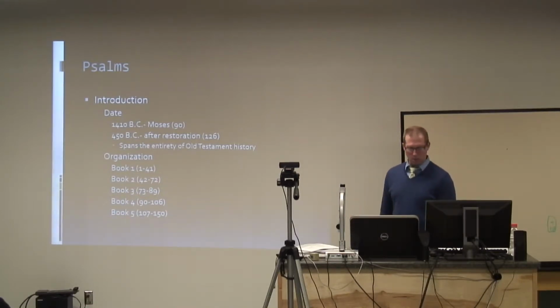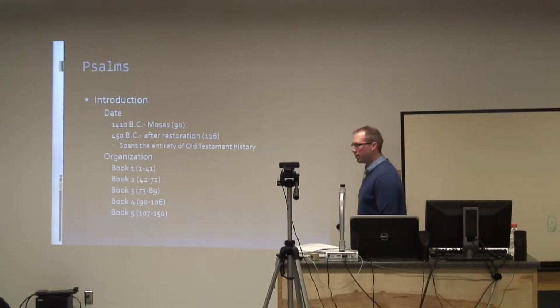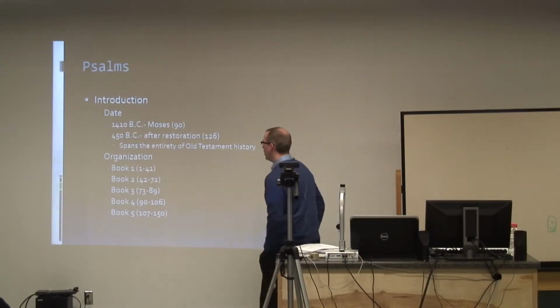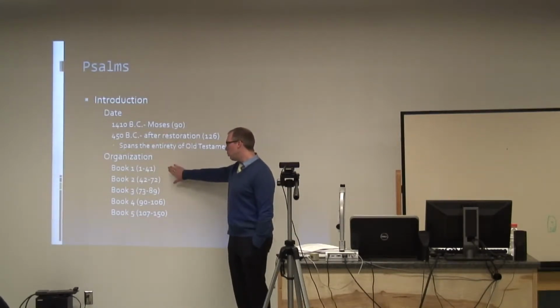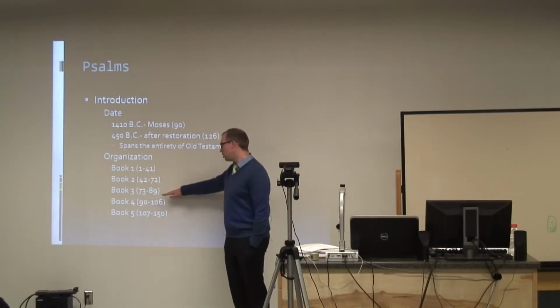I tend to think that maybe there was some symbolic significance of having 5, but a good deal of the scholastic study that's going on within Psalms today, people are trying to figure out, is there some major theme in book 1 and book 2 and book 3 and book 4 and book 5?